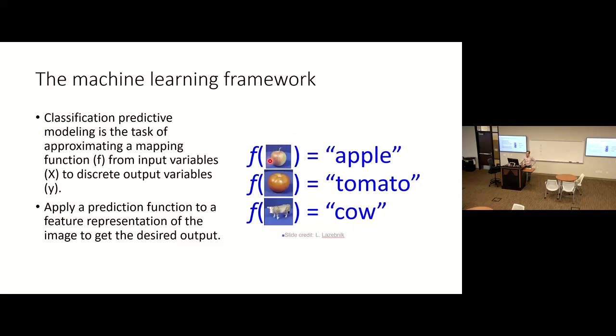You give a picture of an apple, it gives you the label. So apple is one of the categories of the output. You give a tomato, then a picture of a cow, and it gives a cow. So this is a trained model. The function will digest information provided from the input.